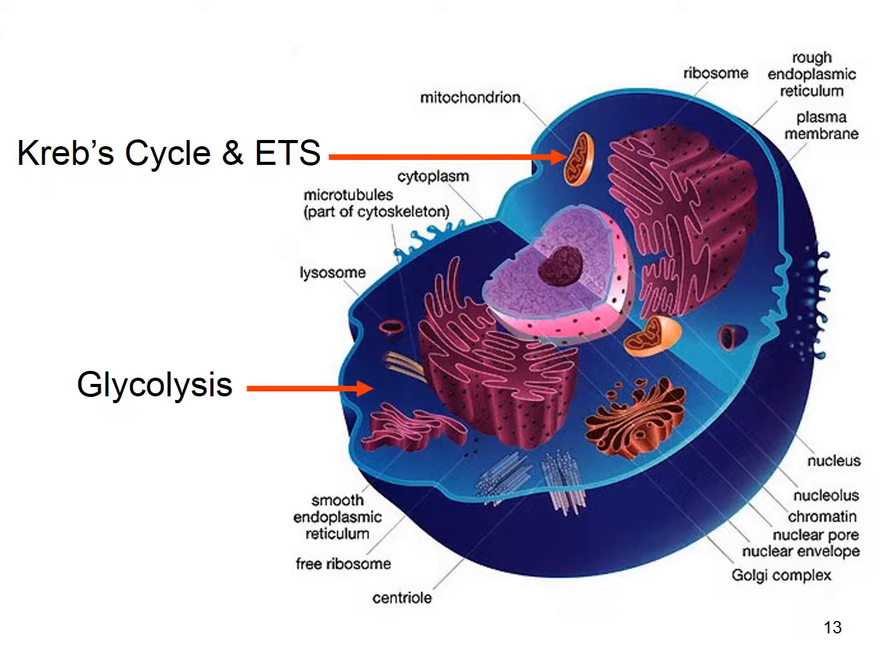So that's where glycolysis takes place, in the cytoplasm. Then the Krebs cycle and electron transport system take place inside of mitochondria. And the mitochondria are those little organelles in the cell where this takes place.